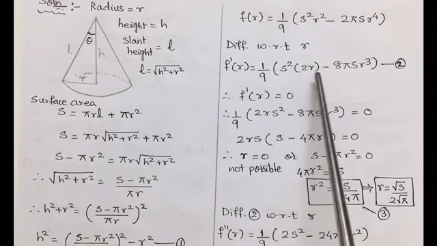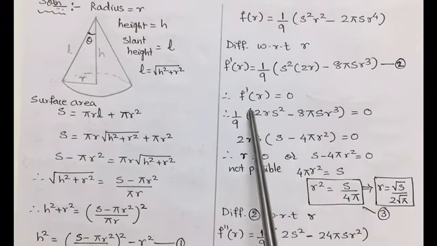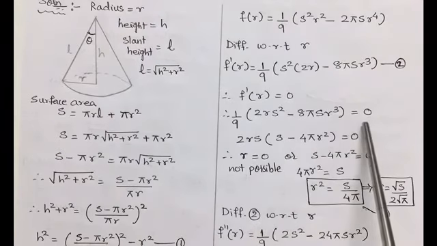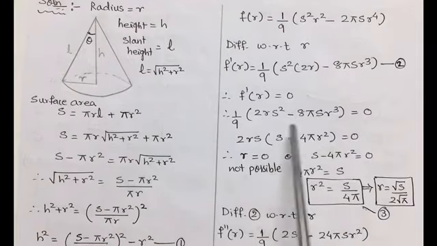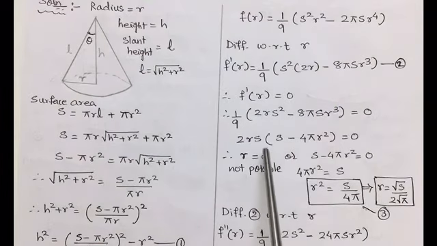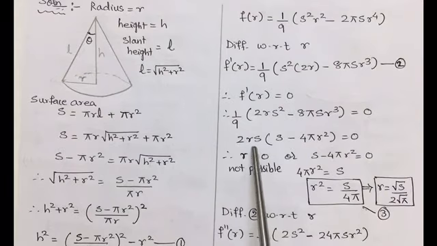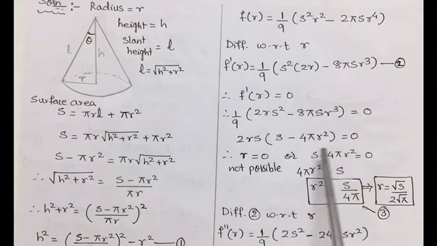Now to calculate the value of R, the first derivative is equated to 0. Equating the first derivative to 0, taking out 2RS common, 9 goes this side, gets 0.